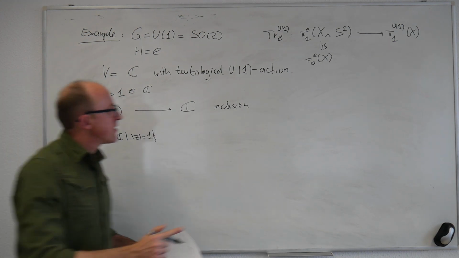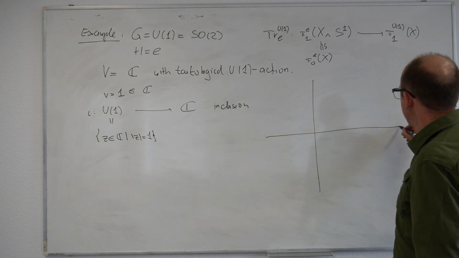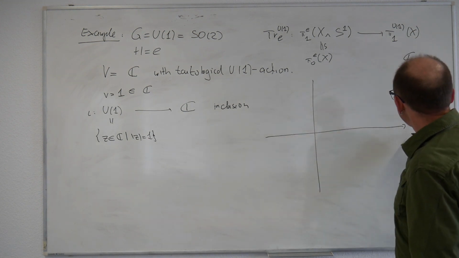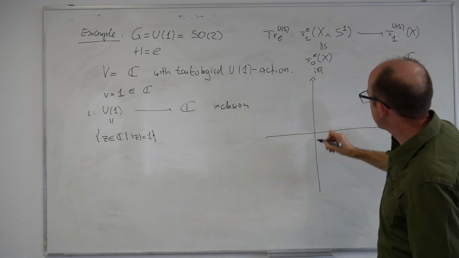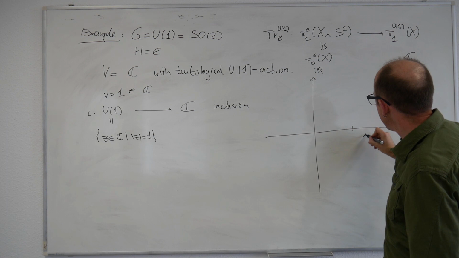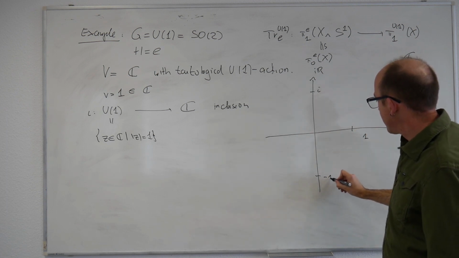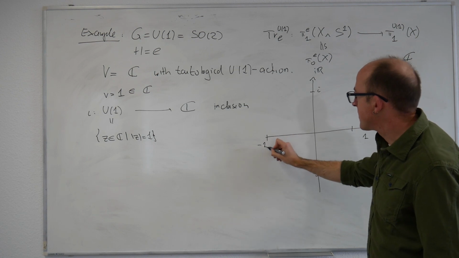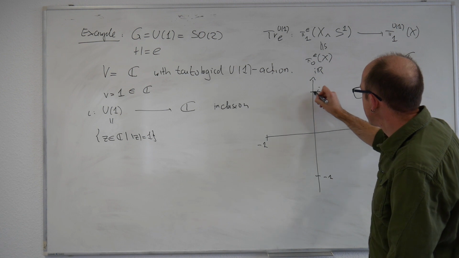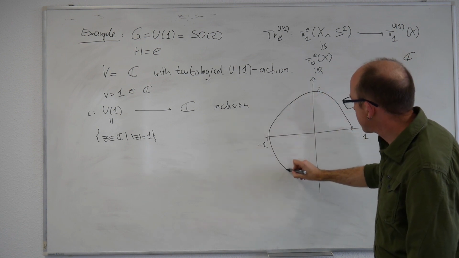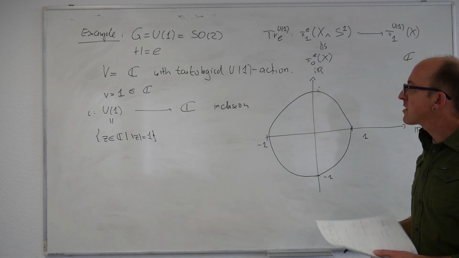So here's a picture. Here I draw the complex numbers. This is the real direction, this is the imaginary direction, here's the origin, here's 1. This is our preferred vector, i, minus 1. Then I'll draw the image of this embedding, so that's just U(1) itself. I guess this is a slightly distorted circle, it's supposed to be the unit circle.